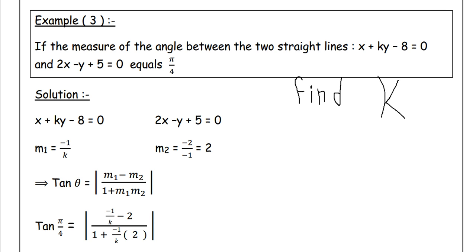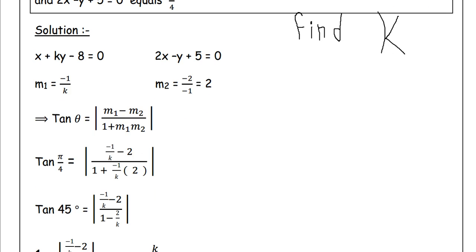Then tan 45. So pi is what? Pi over 4. If I have an angle and its measure using pi in it, pi is 180. So here tan pi over 4 means tan 180 over 4, and it is 45.